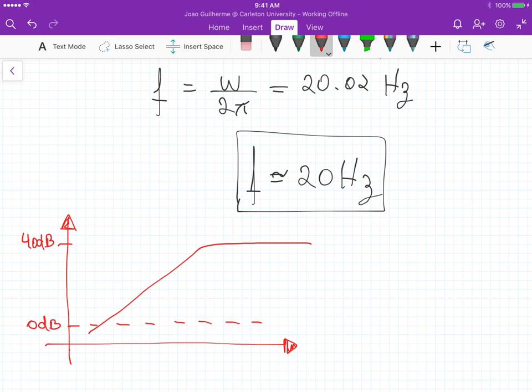Okay, and the slope of this curve here is 20 dB per decade, so it's increasing, right?